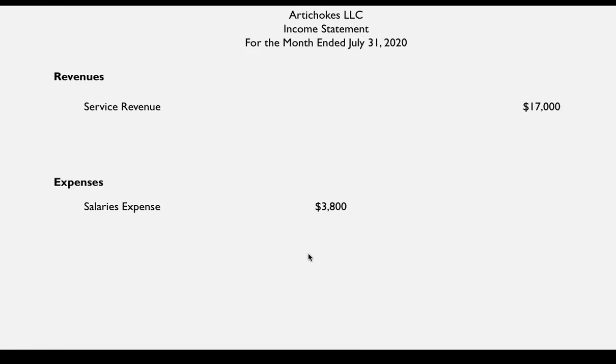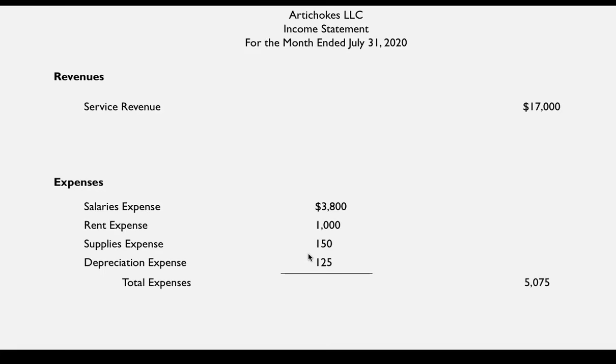After salaries expense, rent expense of $1,000, supplies expense of $150, and depreciation expense of $125. Right, so now we're going to want to add them up. So we draw a line underneath those 4, and we list our total expenses, which adds up to $5,075, and we list that number along the far right-hand side.